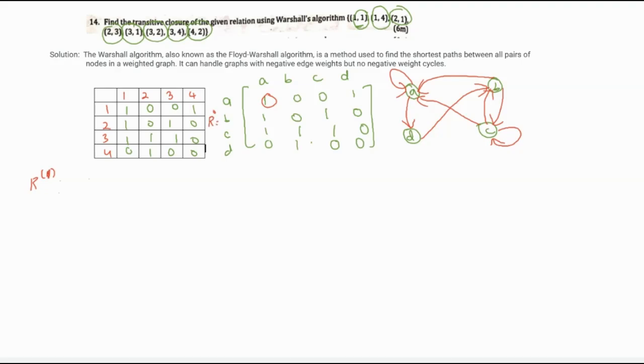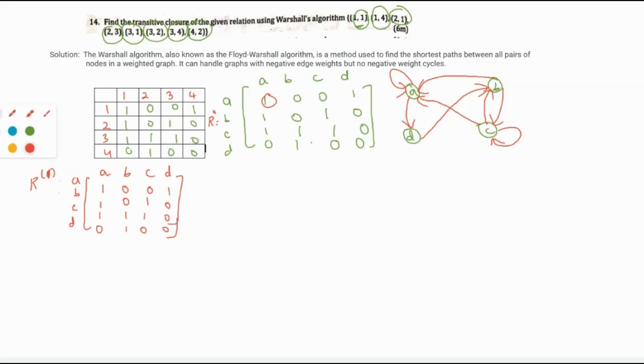R1 will be A B C D, A B C D. So I have 1 1 1 0, 0 0 1 1, 0 1 1 0, 1 0 0 0. So that is the first one.